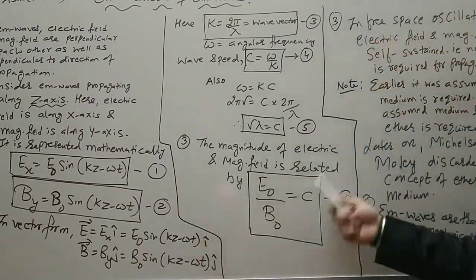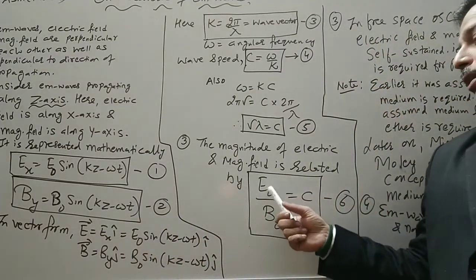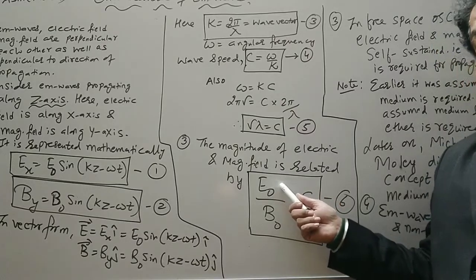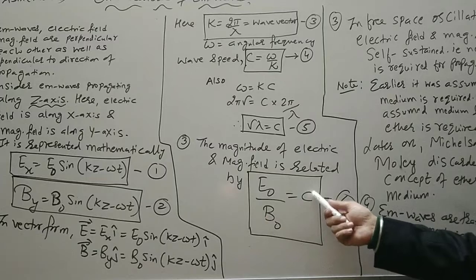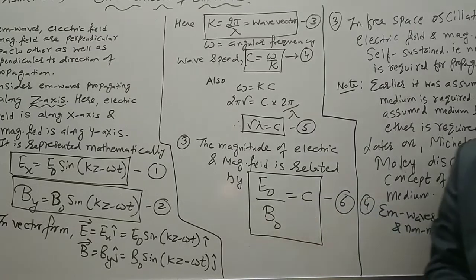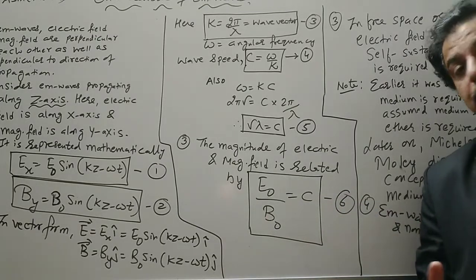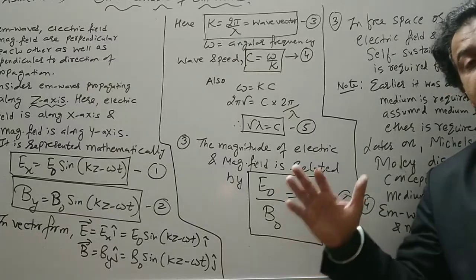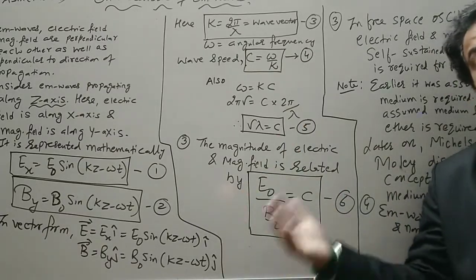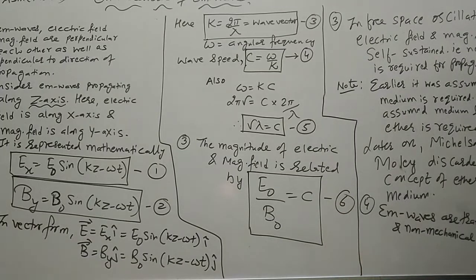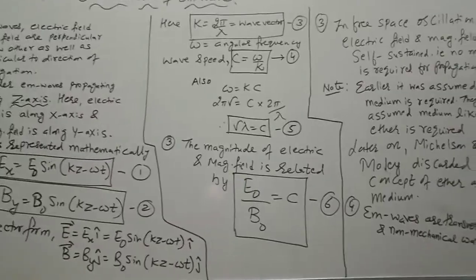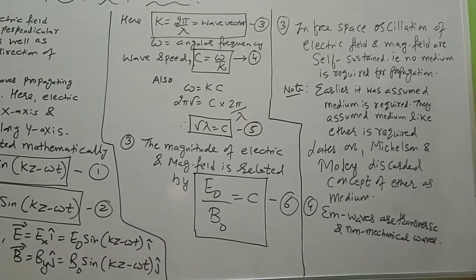So if you have an E RMS value of the electric field intensity, then we should have a B RMS also. So you can write c is equal to E RMS upon B RMS. We know the relation between the maximum electric field and its RMS value, that is 1 upon root 2 times. So this is the third characteristic of the electromagnetic waves.